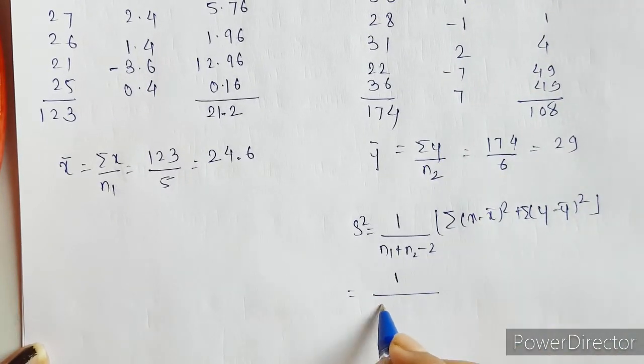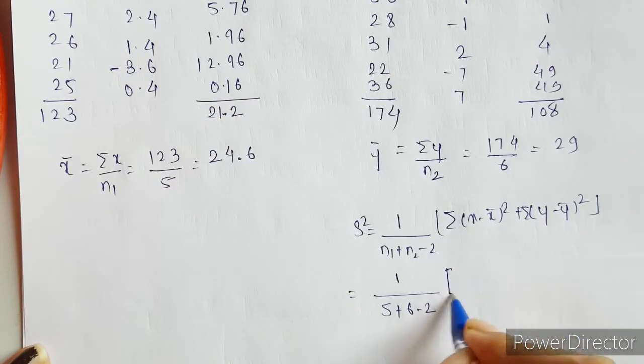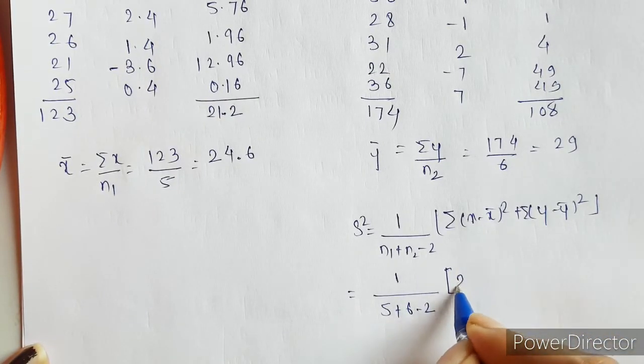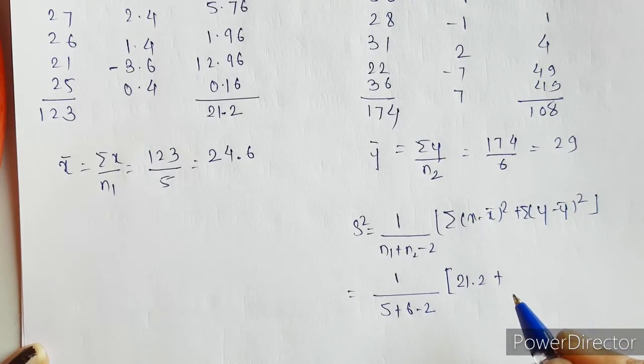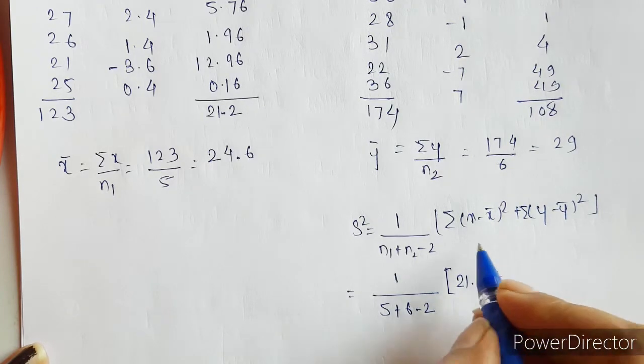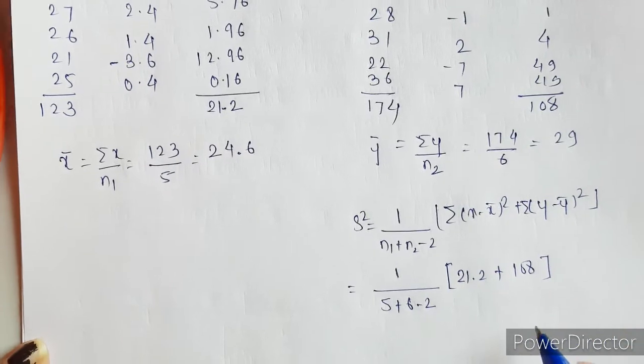Now we have to calculate s square. Here n1 is 5, n2 is 6, minus 2, that is 9, and the summation of (x minus x bar) whole square is 21.2 and the other is 108.